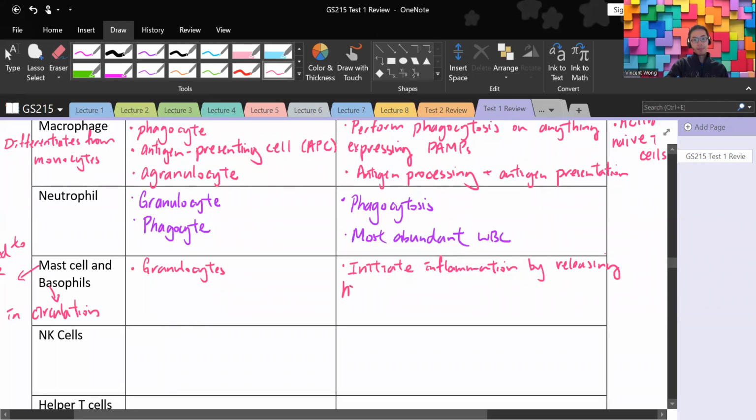Histamine. Yep. Thank you. Histamine. Okay. So the mast cells, these are for localized inflammation, whereas the basophil, that's more for systemic inflammation, like the whole body.